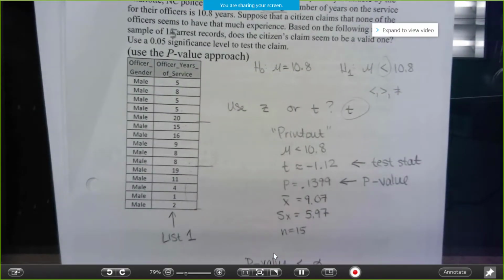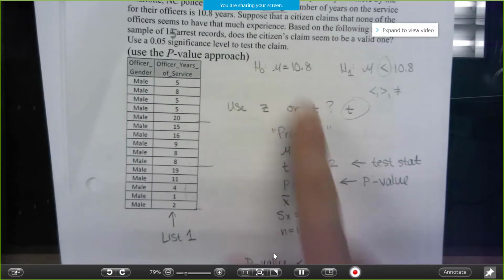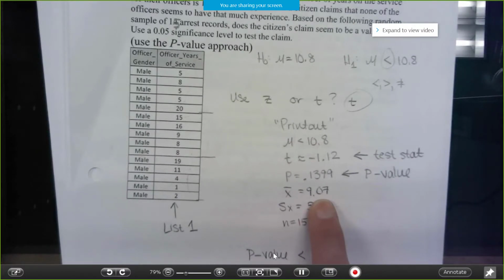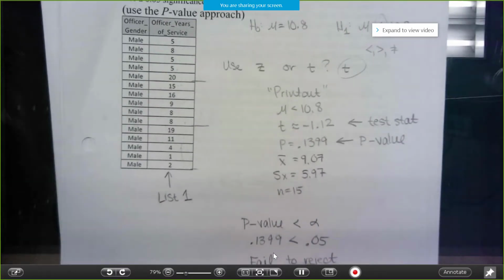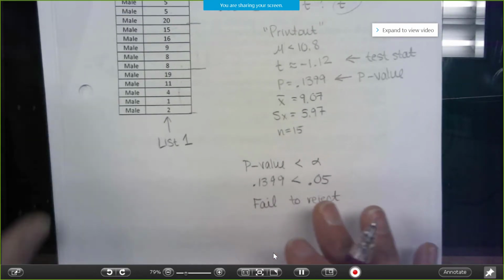Every time I take a sample, I'm going to get something probably a little bit off from what the true average is. The question is, is it just due to chance? Like, is it surprising or not surprising? So even though you see, wow, that's almost a 2-year difference, it's not enough of a difference to be convincing, okay? So when it says, does the citizen's claim seem to be a valid one?